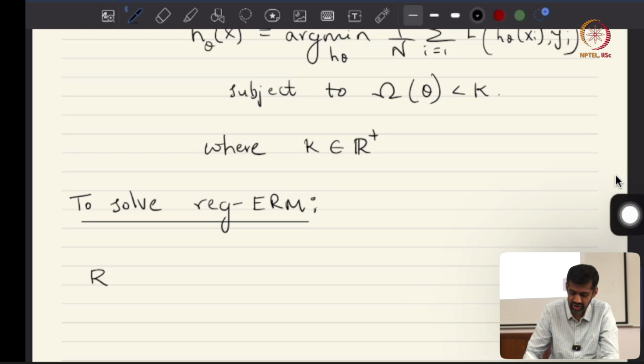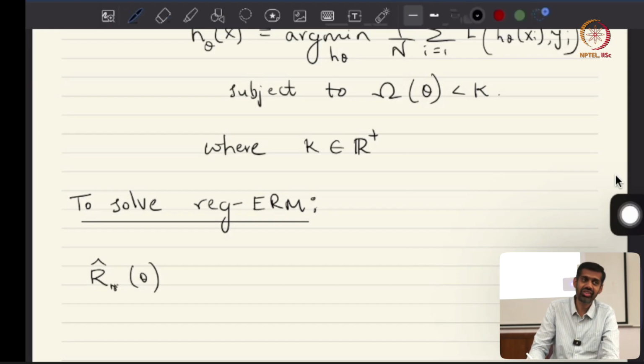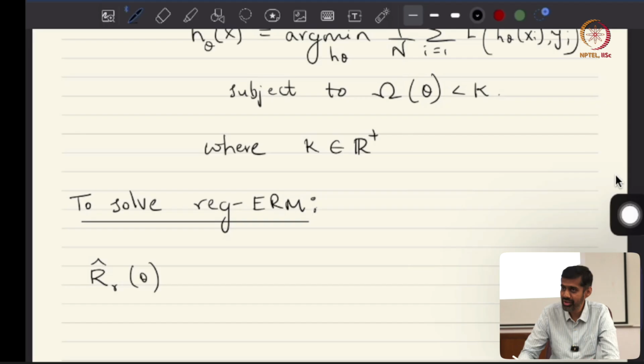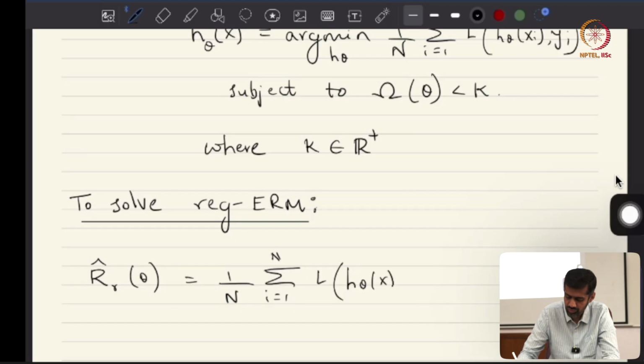The function of theta, n is, I will write R-cap, R-cap for empirical risk, and the subscript is to denote that it is regularized. This is 1 by n. So what is the Lagrangian?